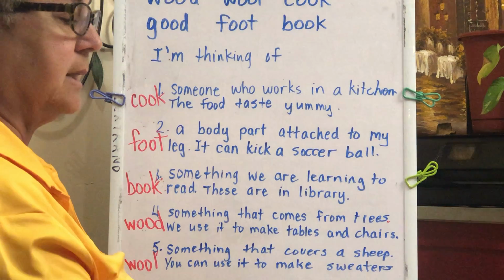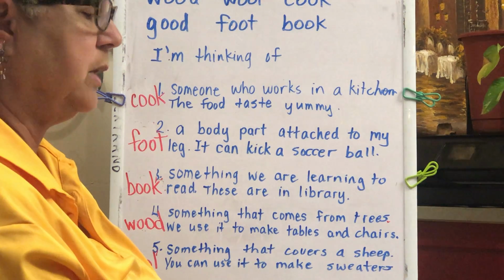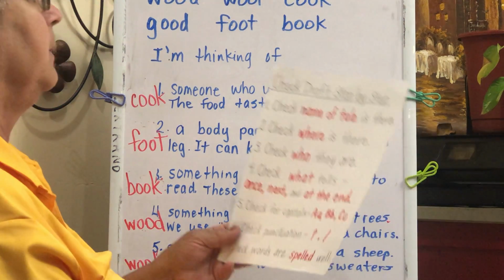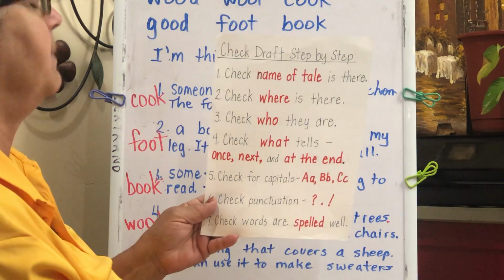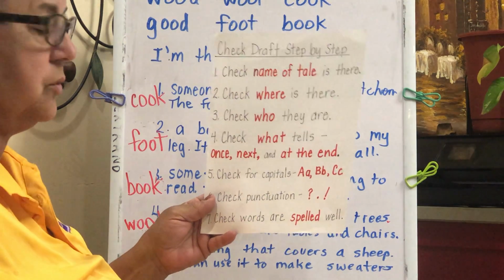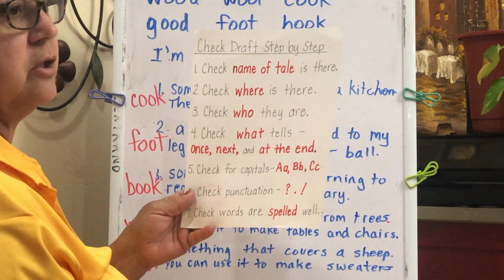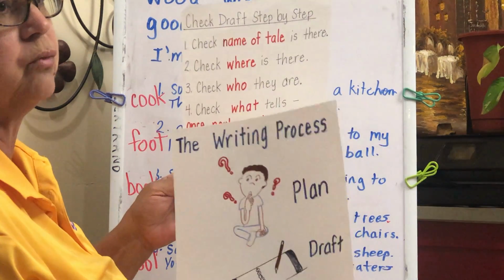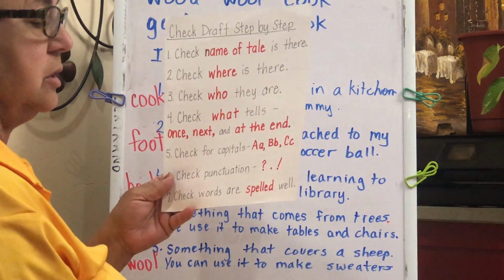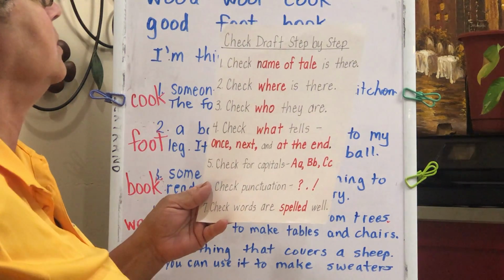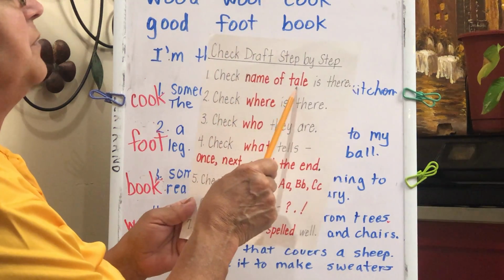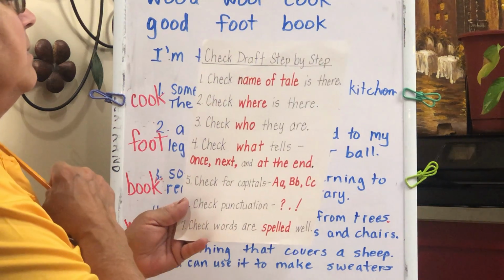So now we're going to look at when we write our draft. We want to do it step by step, and we want to make sure, and this would be the part where we edit. And edit means to change, but you need to know what's wrong in order to change it to make it right. So it says to check for the name of the tale, make sure that it's there.